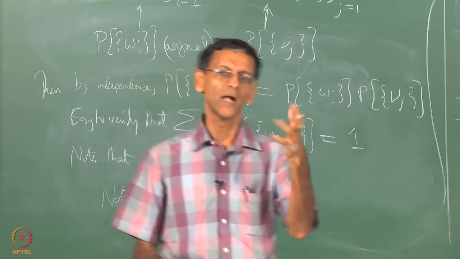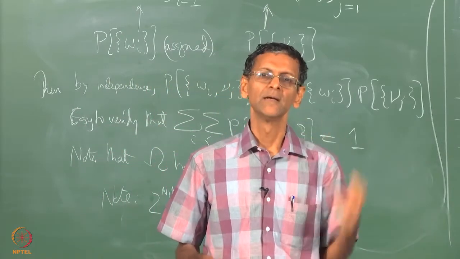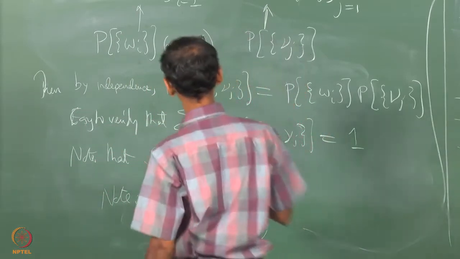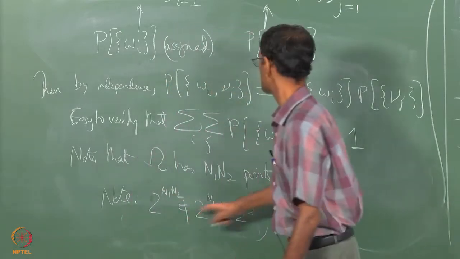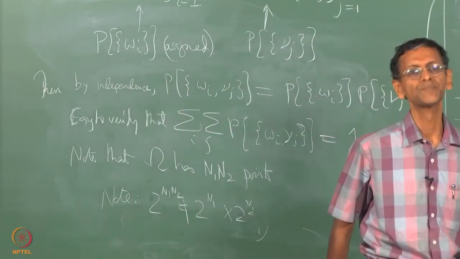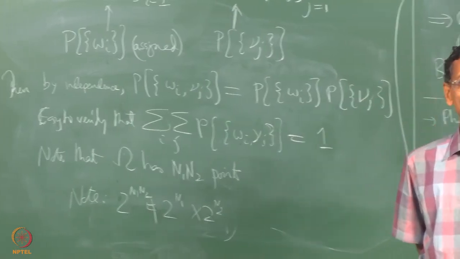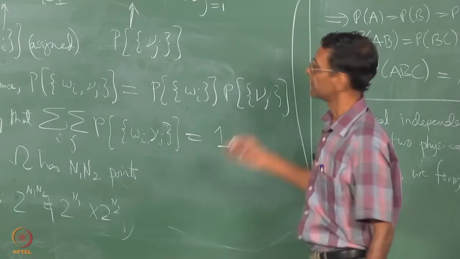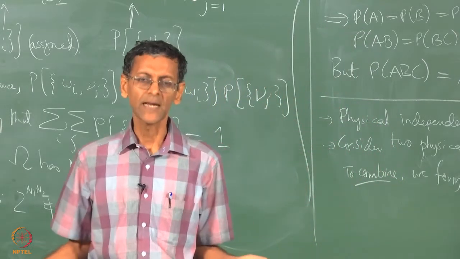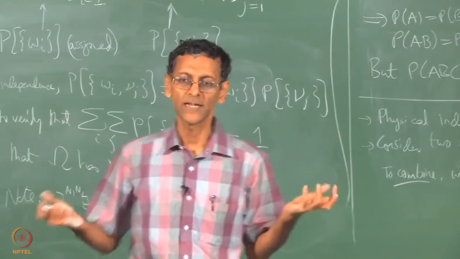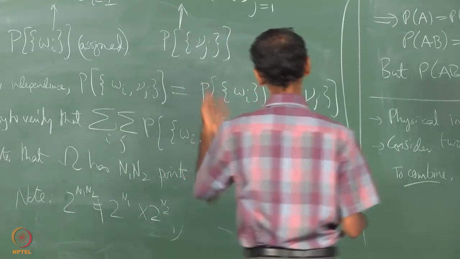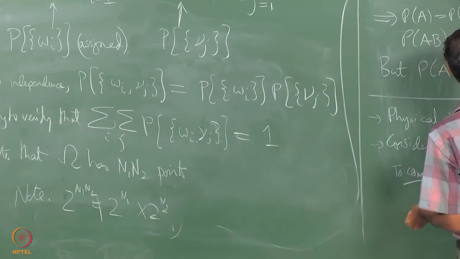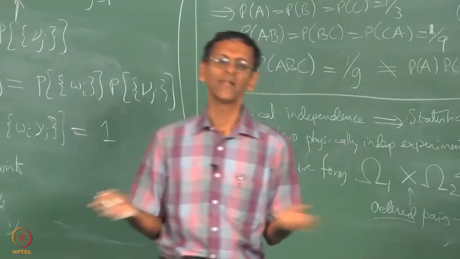So you can go and think about it, there will be events in omega which are not expressible in this form. Okay. So this is the basis for constructing more complicated experiments, assigning probabilities to the points in it, and whatever we have said, everything will apply.